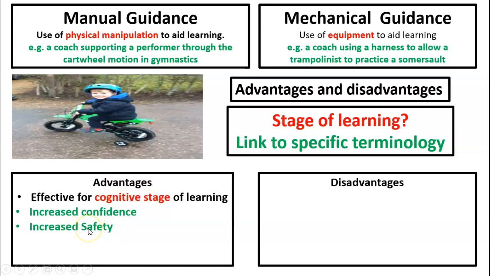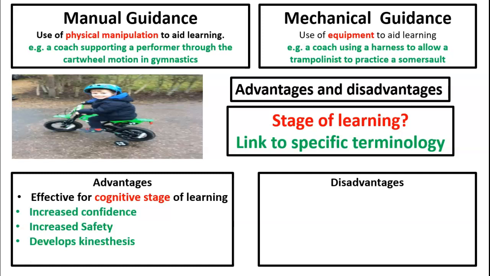Okay, and on top of that, if we imagine that they weren't there, this person would probably be on the floor. They would not be able to ride their bike. So by balancing it for them, by putting the stabilizers on, it gives them kinesthesis. So it gives them this feel. It develops kinesthesis. Now, you might have come across this term, you might not have.